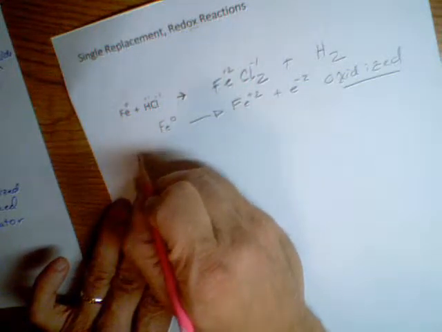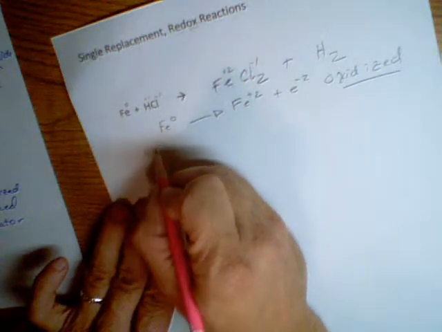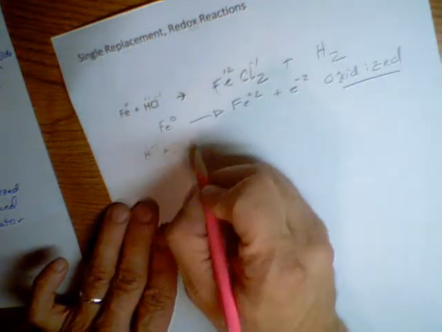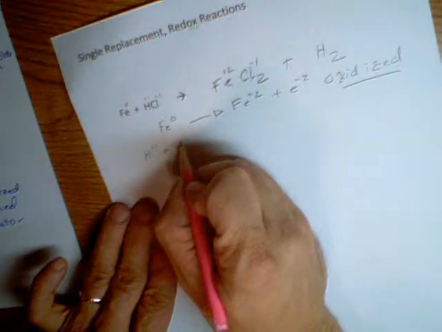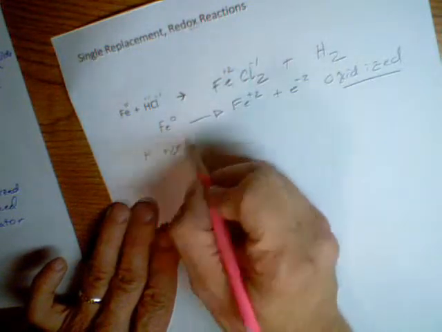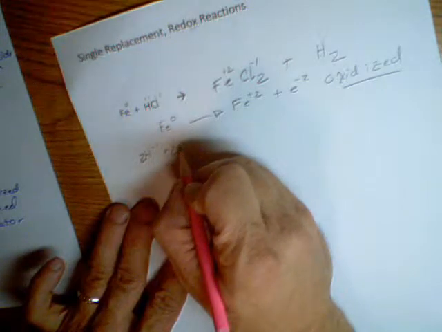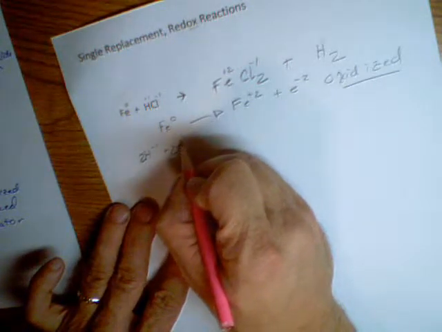Now the hydrogen, we know that it's diatomic, so there's going to be 2 of them. So we should just go ahead and put the coefficient 2.